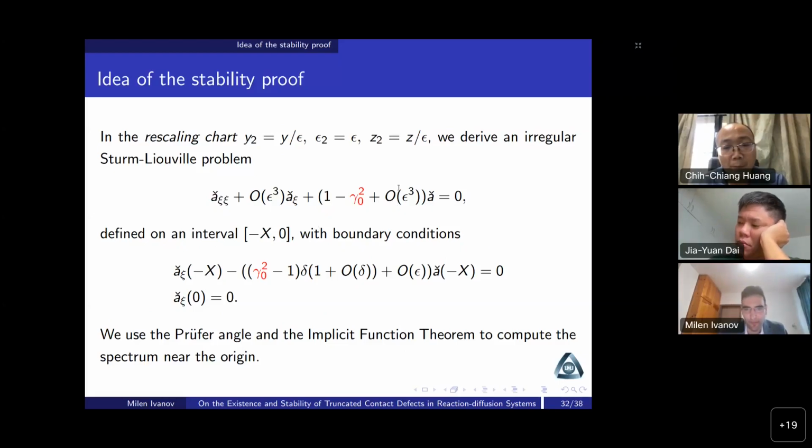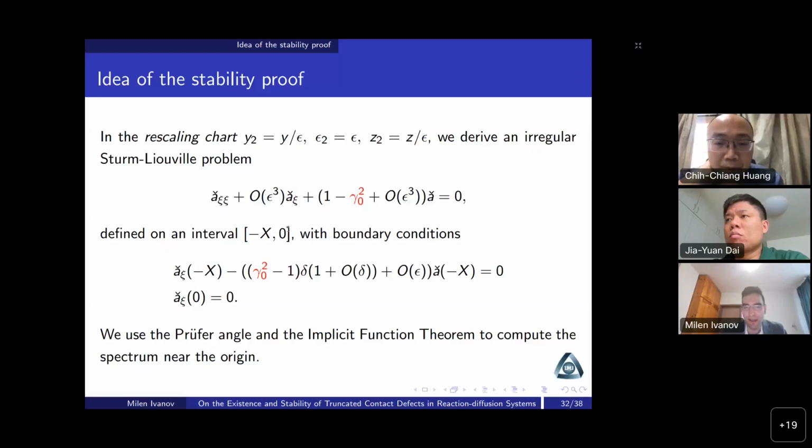So when epsilon is 0, this is our favorite eigenvalue problem, Sturm-Liouville. The boundary conditions, it doesn't matter how exactly they look. I just wanted to note that the eigenparameter gamma naught square participates in the boundary conditions, which is why this problem is irregular.